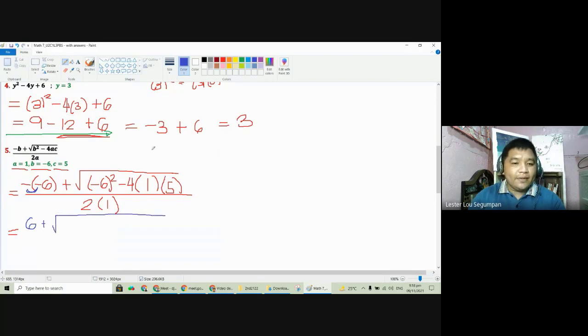Don't worry about that. Negative 6 squared is actually negative 6 times negative 6, which will yield positive 36. So you have here 36 minus 4 times 1 is 4, times 5, you will have 20. All over 2 times 1, which is 2.